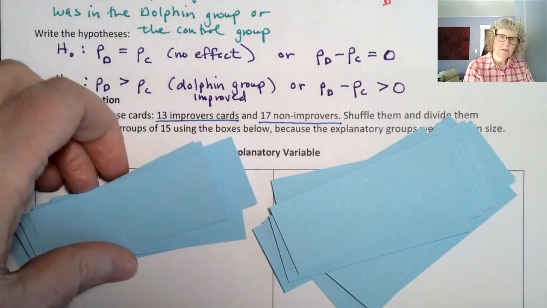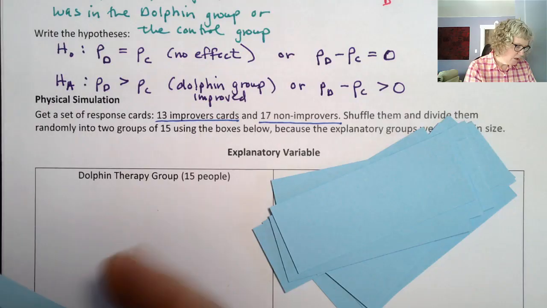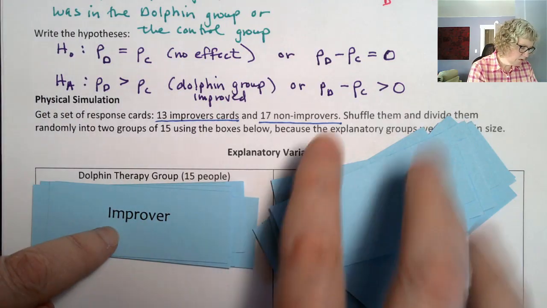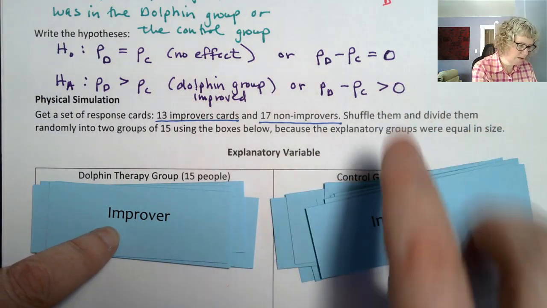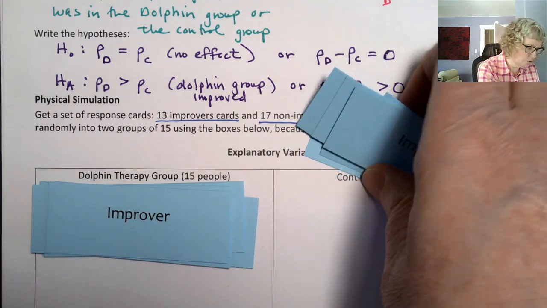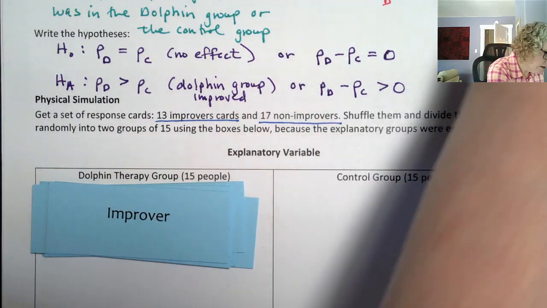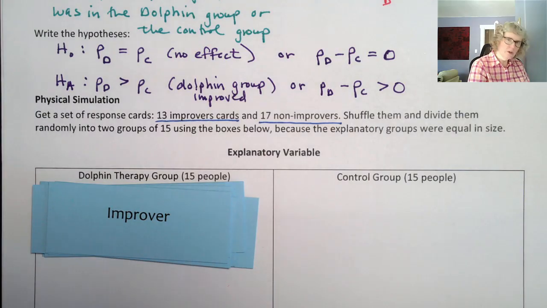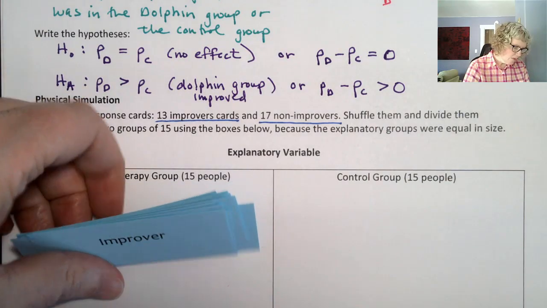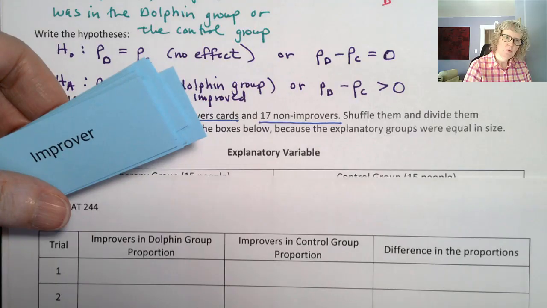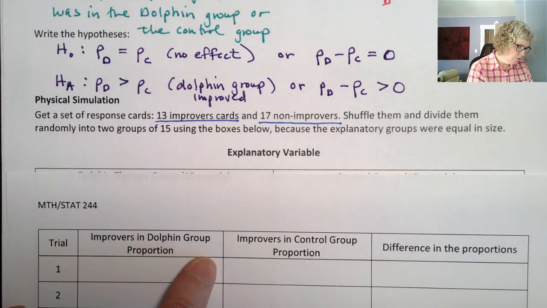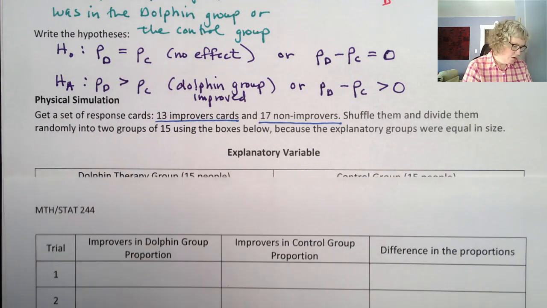I've got my 2 groups, and we want to count the improvers in the dolphin group. I can actually just set my control group aside, and on the next page there's a spot to record. This will also help you know what to count. So we're going to count the improvers in the dolphin group.